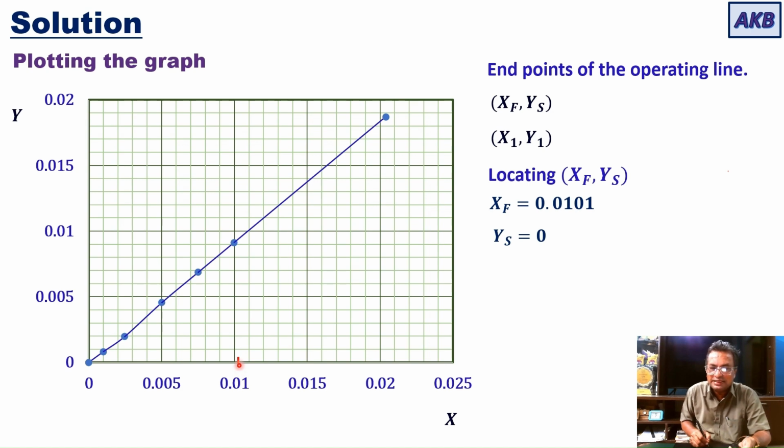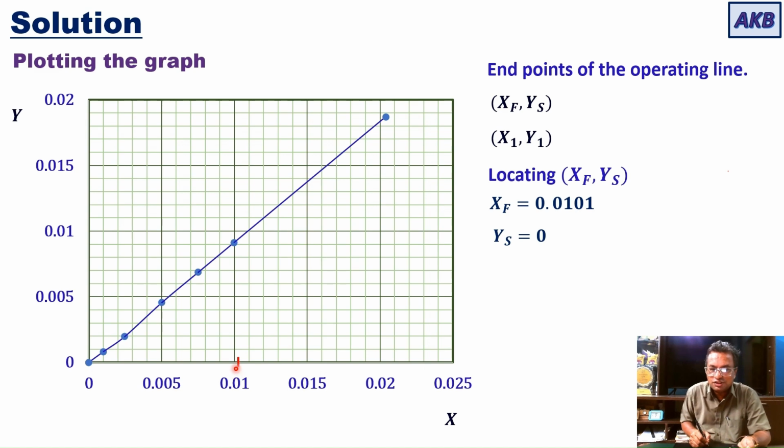Now the operating line will start at this point and it will be of a negative slope. So I will travel 1 unit. This is 1 unit. I'll travel as per my discussion, because I'll be using the definition of the slope.